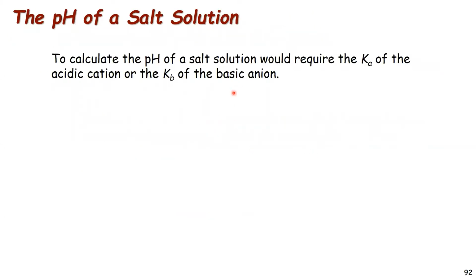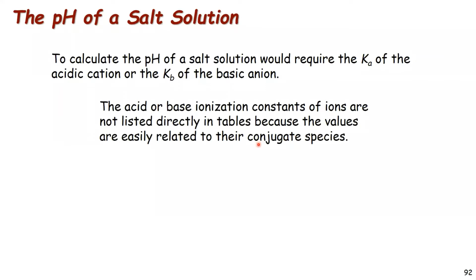Okay, so to calculate the pH of a salt solution is going to require the Ka of an acidic cation, so again, that's the conjugate acid, or the Kb of a basic anion, again, the conjugate base. So how do we do that? Because the tables aren't going to list the Kas or the Kbs of the conjugate acid and base.